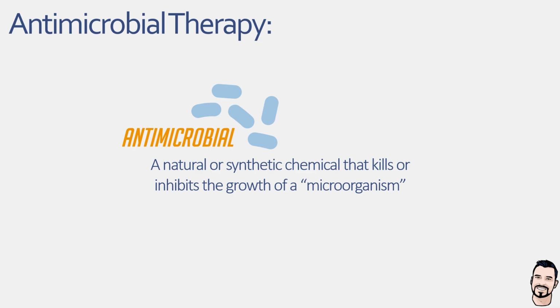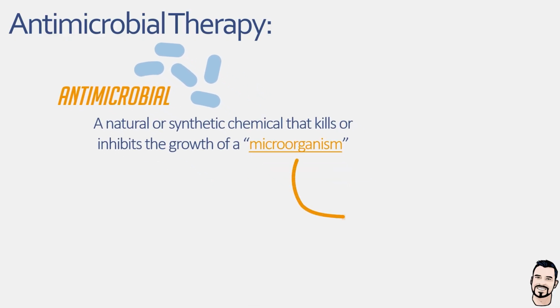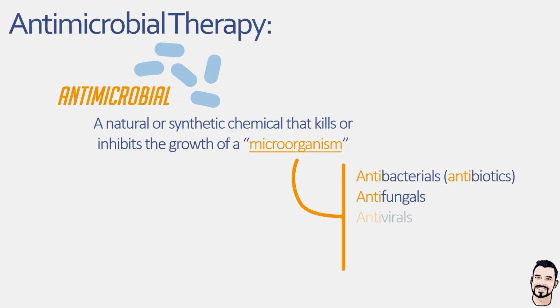Now, when we talk about treating infectious diseases, we use different antimicrobial therapies depending on the organism involved. So for our bacterial infections, we use antibacterial agents, more commonly known as antibiotics. Antifungals are used to treat infections caused by fungi and yeast, which are structurally very different from bacteria and require completely different drug targets.